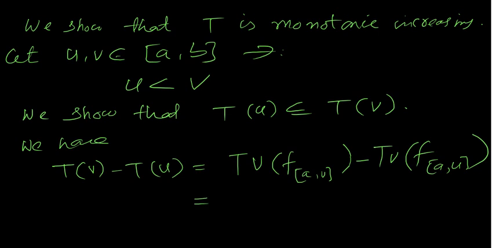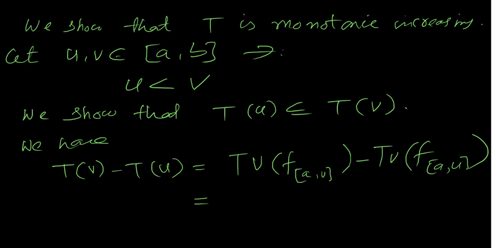This is equal to the total variation over a to v minus the total variation over a to u, which is equal to the total variation over u to v actually. But I want to see it precisely.